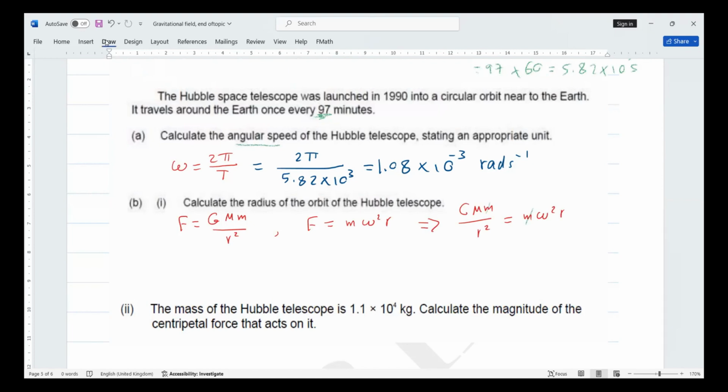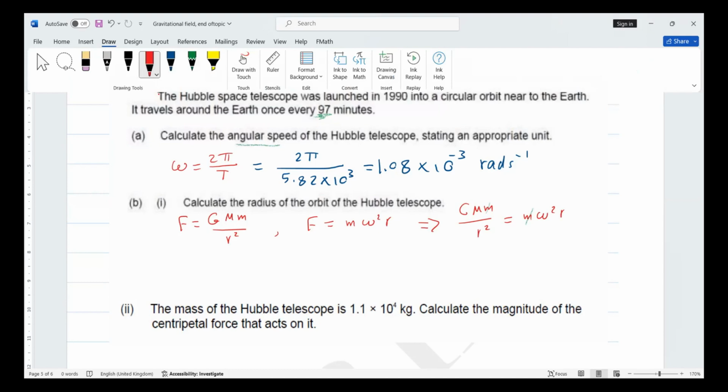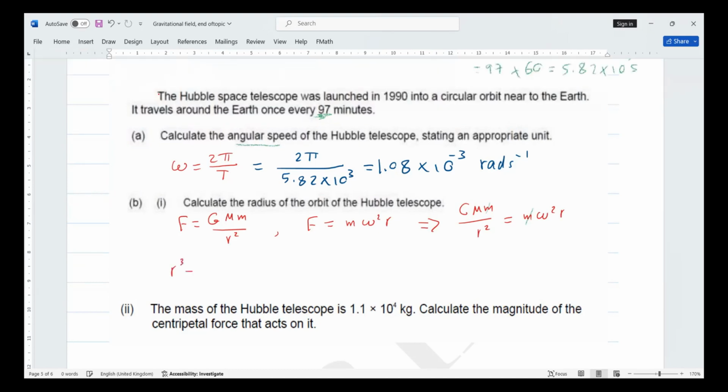Rearrange it to get R. When you rearrange, you will get R cubed, because R times R squared is R cubed.